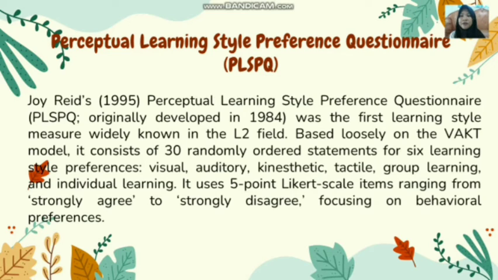Based loosely on the VAKT model, it consists of 30 randomly ordered statements for 6 learning style preferences: visual, auditory, kinesthetic, tactile, group learning, and individual learning. It used 5-point Likert scale items ranging from strongly agree to strongly disagree, focusing on behavioral preferences.